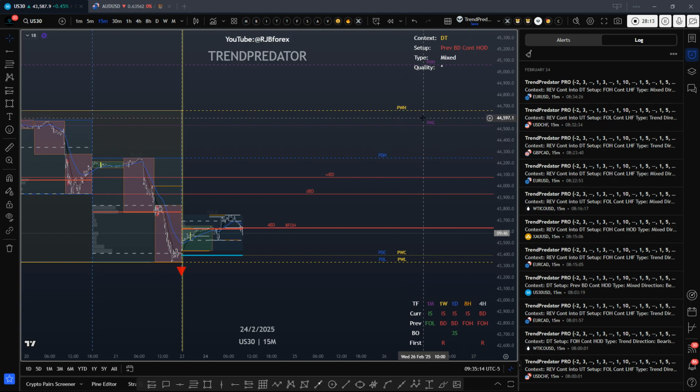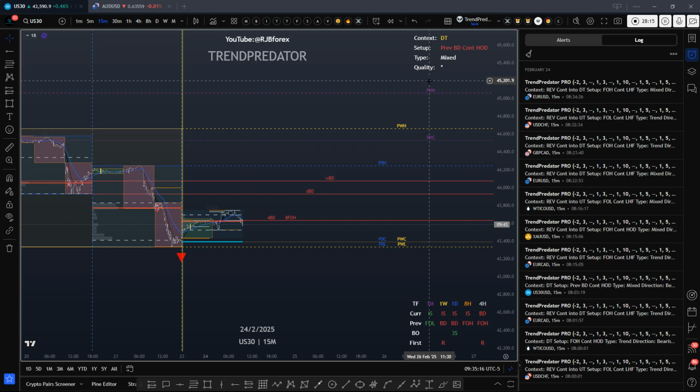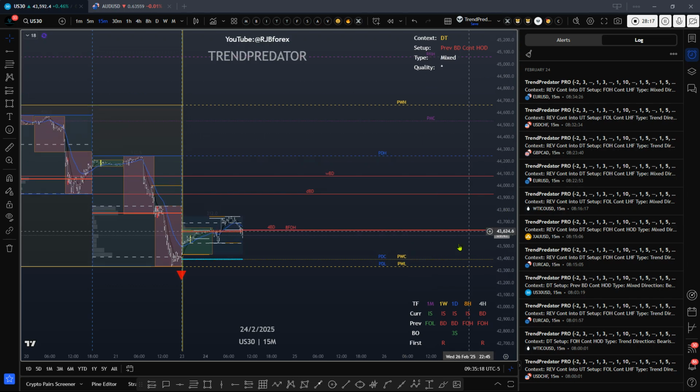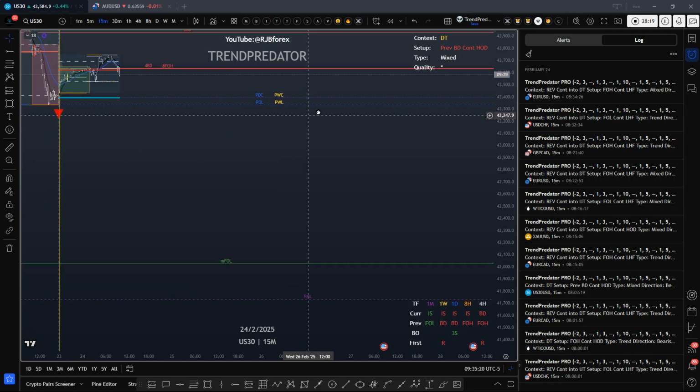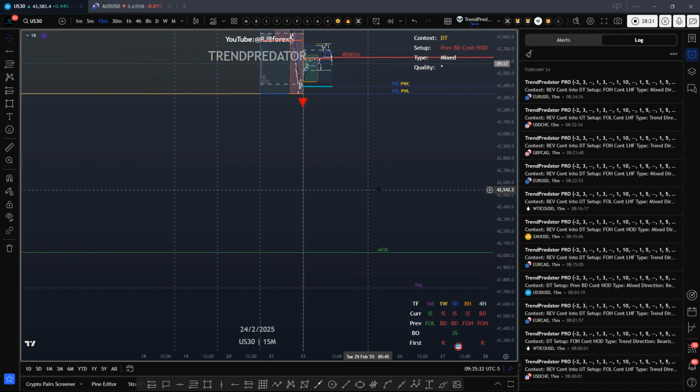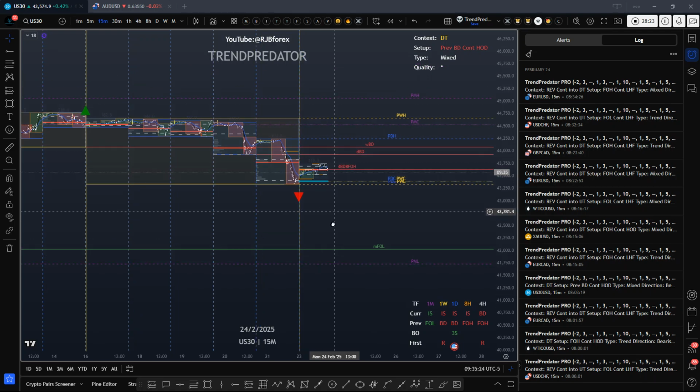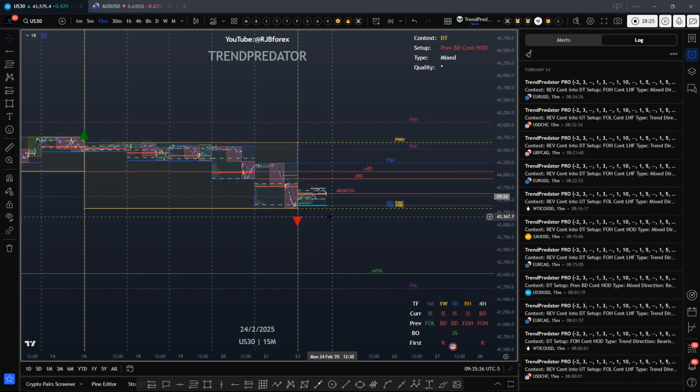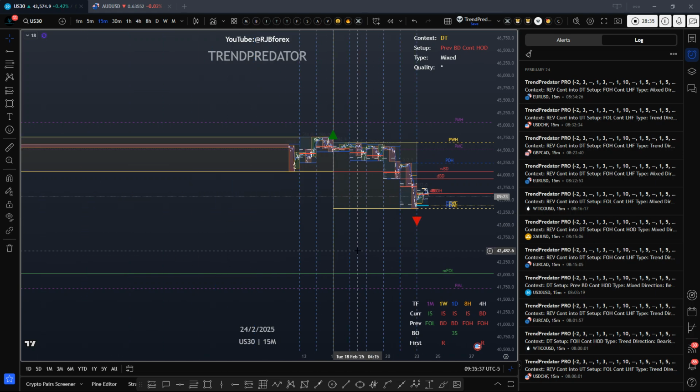There's the previous month's closing price, there's the high, and this is where's the low? All the way down there. So we're in the middle of that box, so I'm not really concerned. We can be going lower or we could be going up.